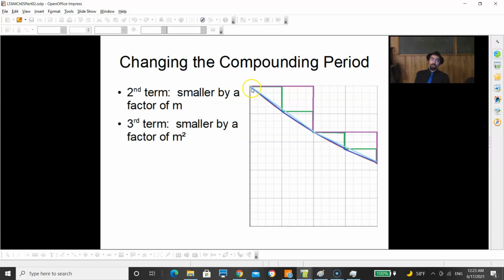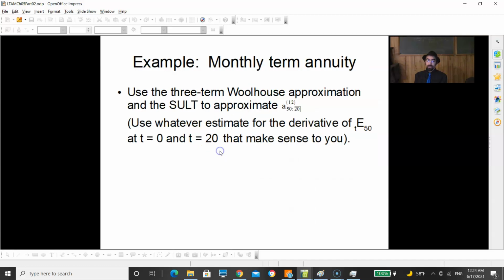Now your derivative is 1 over m of what it was before, because you're stretching it out by a factor of m horizontally. So you have to account for that, plus the fact that you're looking at a smaller region. So you divide by m twice.